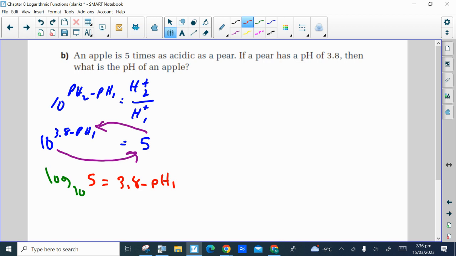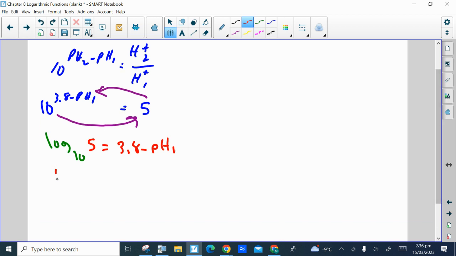Log base 10 of 5, you can evaluate using the change of base identity. It's log 5 over log 10. By using the change of base identity, you have written these with a base of 10, so you can evaluate on the calculator. The denominator will just be 1. Log of 10 is 1 because when there's no base indicated, they're both base 10. That's what allows you to use just the log key on the calculator. The denominator is really saying 10 to what power is 10? The answer is 1.